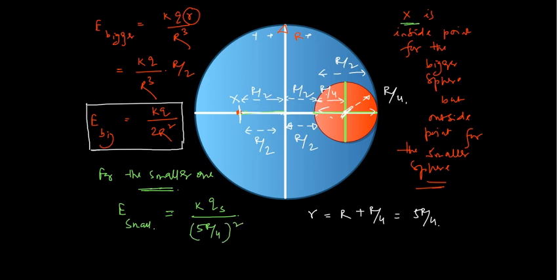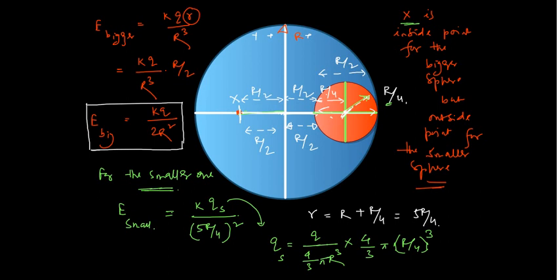In the meantime, we have to calculate Q small, which is total charge by total volume, that is 4/3 pi capital R cube, into 4/3 pi R by 4 whole cube, because this is R by 4.